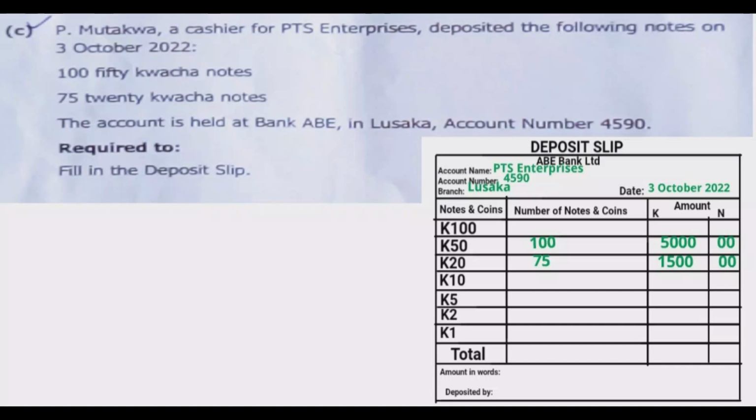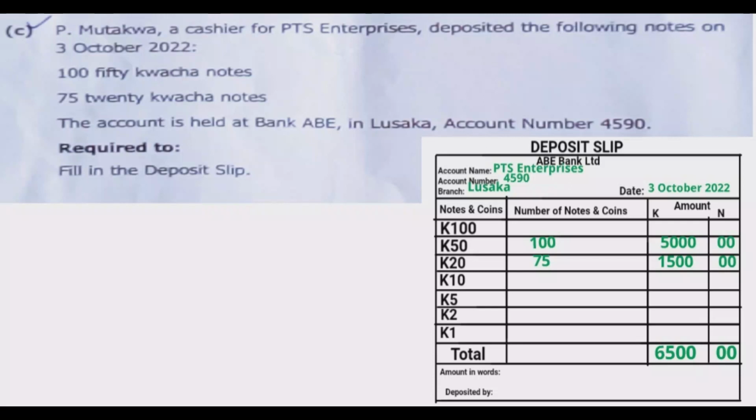Those are the only notes that Mr. Mutakwa had. So 5,000 plus 1,500 will give us 6,500. So we write 6,500 there. On ngwes, we put zeros. So 6,500 kwacha was the amount that Mr. Mutakwa deposited or wanted to deposit.